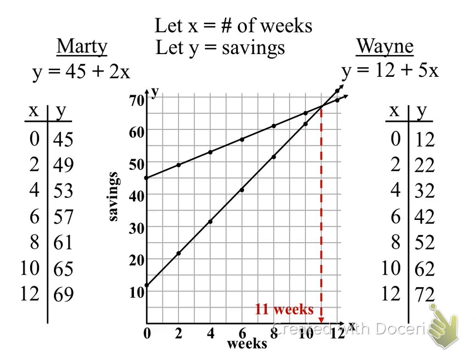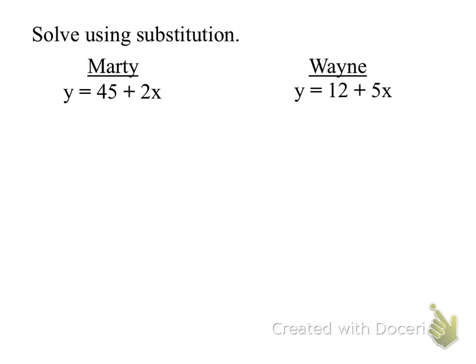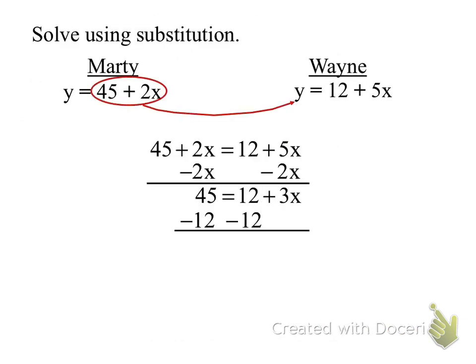Fionn. 11, 65. What does that mean, 11, 65? 11 weeks and $65. At 11 weeks, they will both have $65, right? If you put it into the ordered pair, 11, 65. Does everybody understand it? Let's go back to the question.